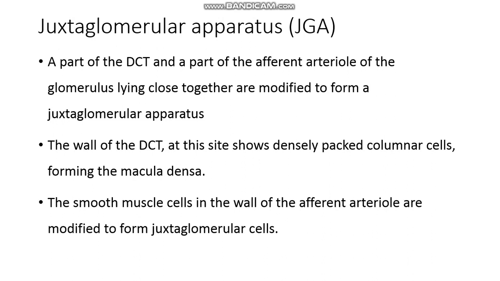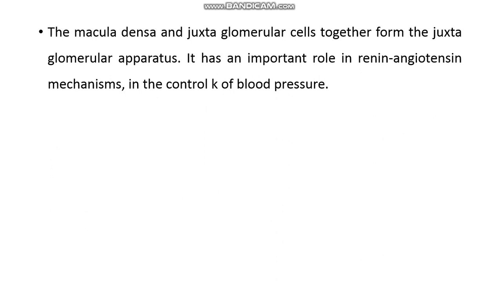Then the smooth muscle cells in the wall of the afferent arterioles are modified to form juxtaglomerular cells. Some of the smooth muscle cells in the afferent arterioles are modified at this area to form juxtaglomerular cells.